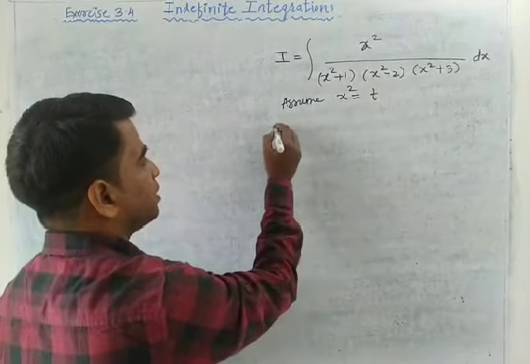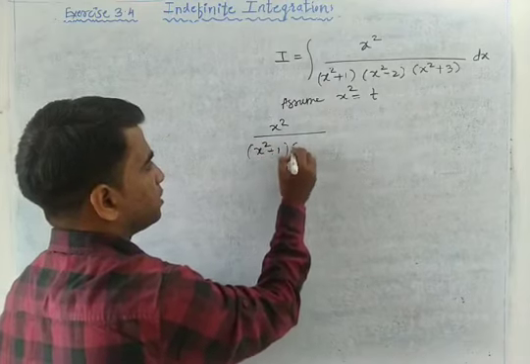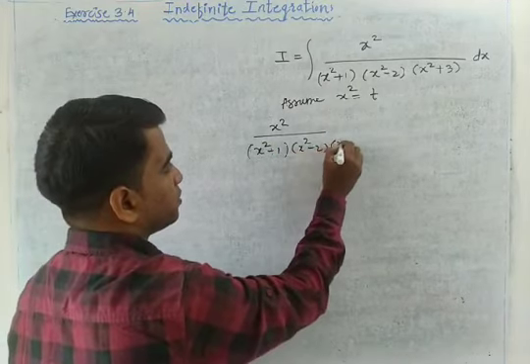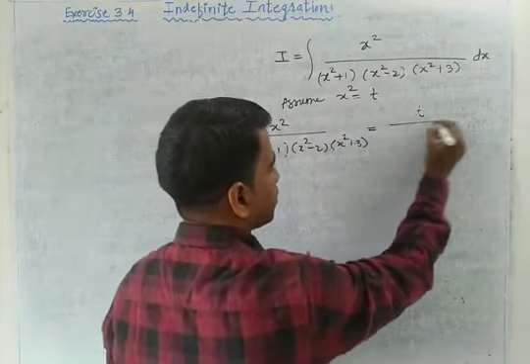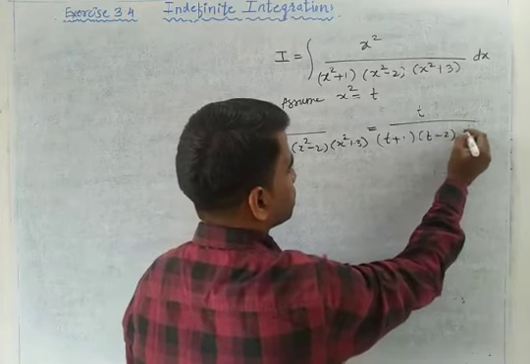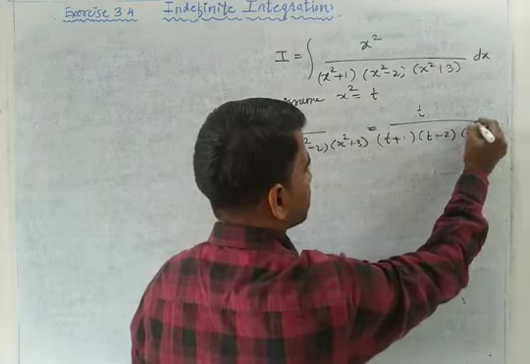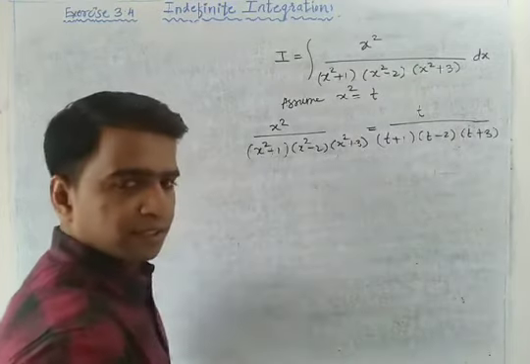So what will happen? x square upon x square plus 1, x square minus 2, x square plus 3 can be written as t upon t plus 1, t minus 2, t plus 3, and t plus 1, t minus 2, t plus 3, these are the factors.